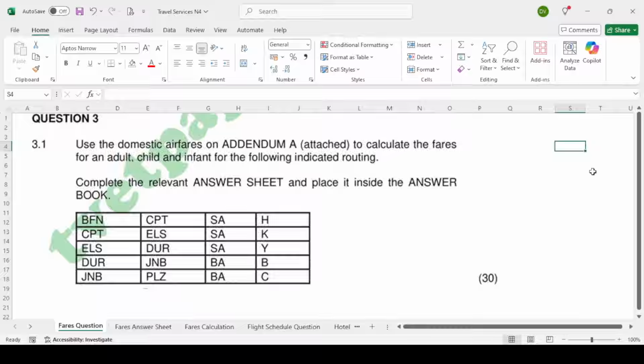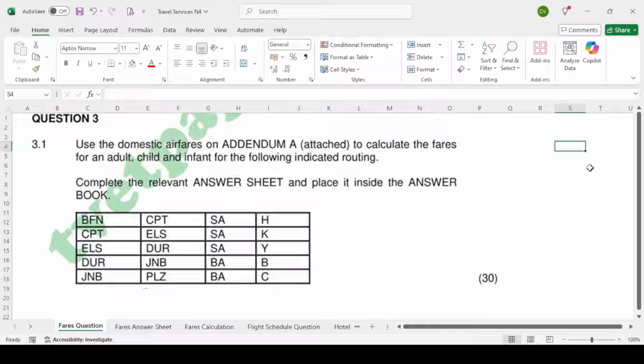So with fares, guys, in the exam, it will usually always be for 30 marks. And you will always work out the fare for the adult, the child, and the infant. They give you the route of the flights. So in this case, you're flying from Bloemfontein to Cape Town to East London to Durban, Durban to Joburg, and Joburg to Port Elizabeth.